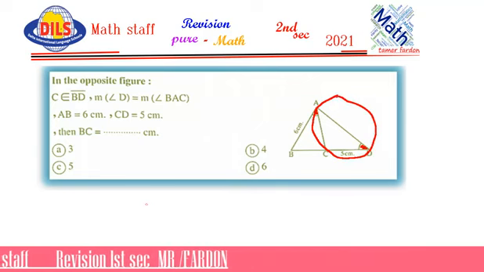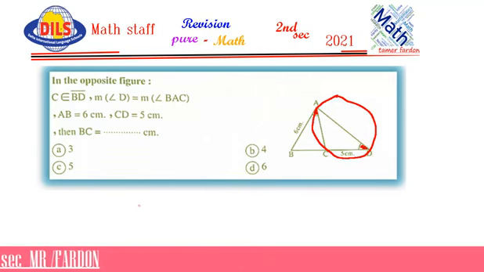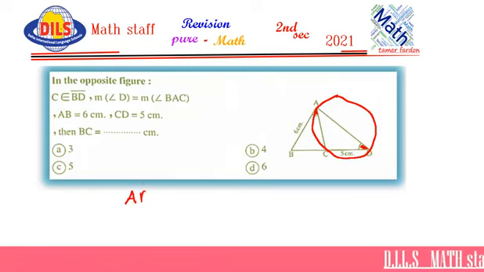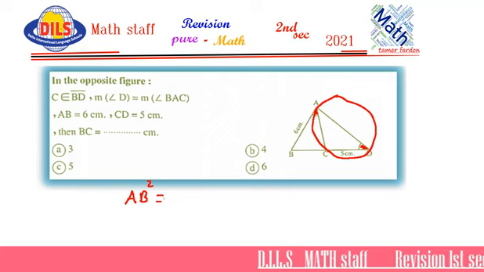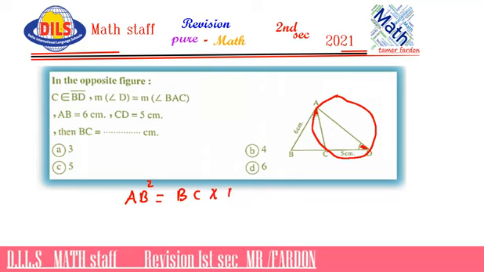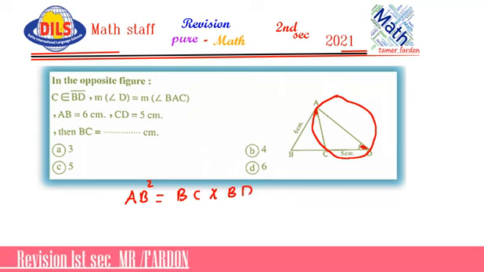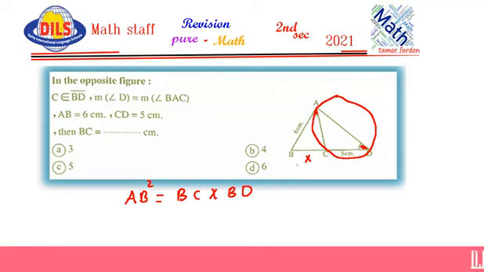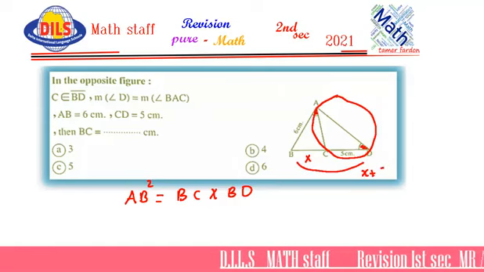From the application of the similarity in the circle, we get AB power 2 is equal to BC times BD. Let BC be x centimeters, so BD is x plus 5.